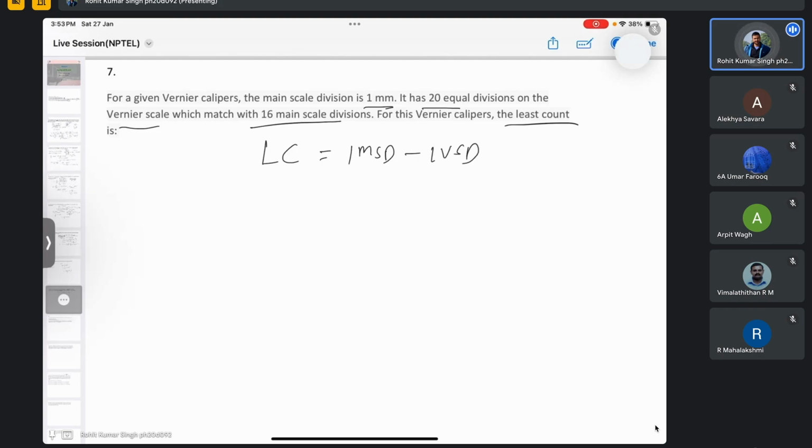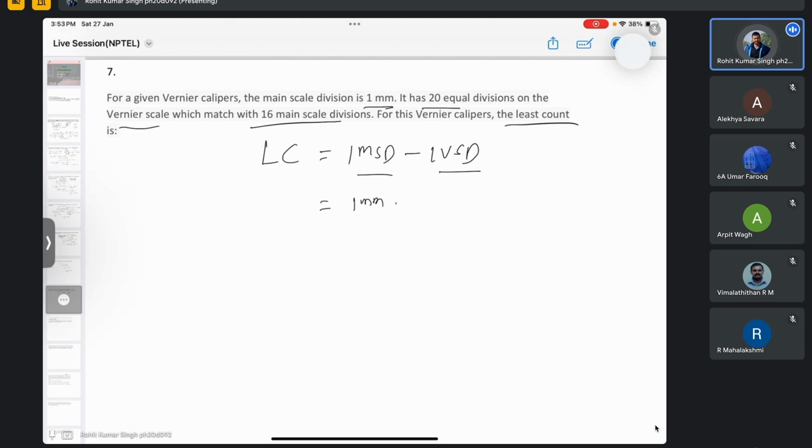What is MSD? MSD is the main scale division and VSD is the vernier scale division, right? Now, what is the main scale division here? It is given, right? It is just 1 mm.